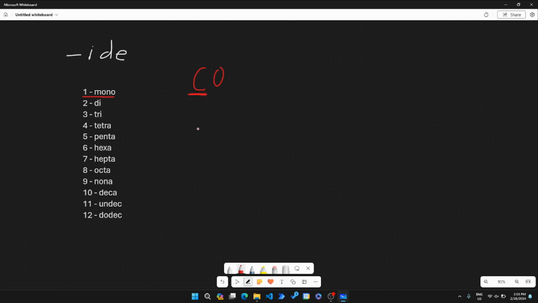So if you take a different compound that has a different number of atoms, if you have an element that has, for example, 2 of that element as the first element, then you would say di and then the name of that element.